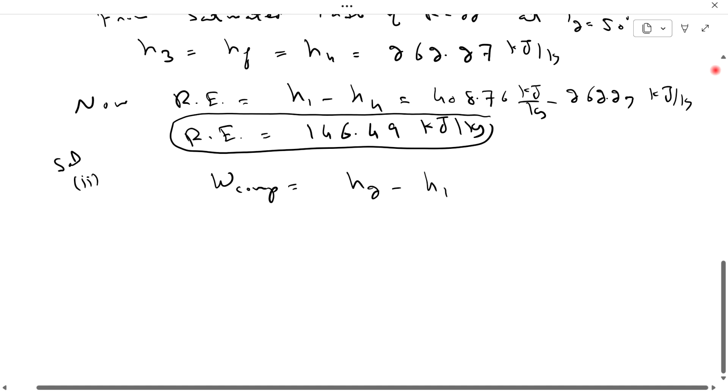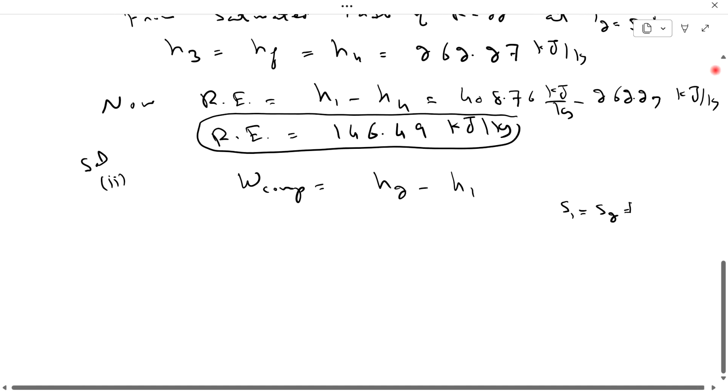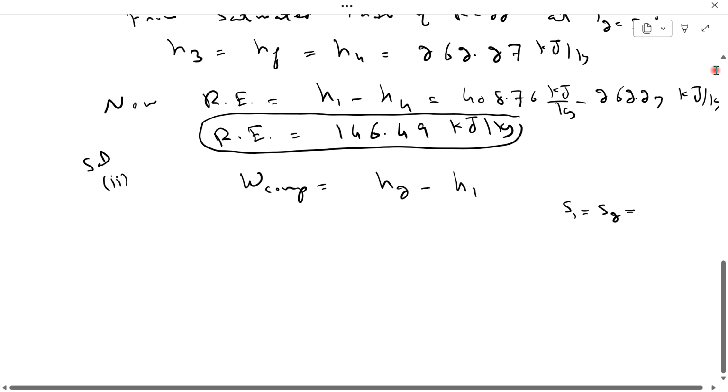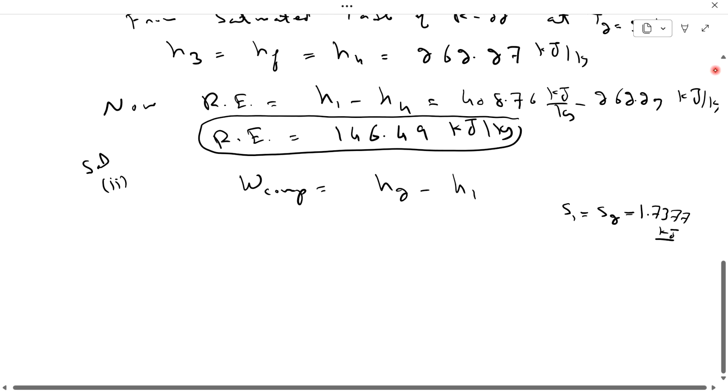And S1 is equal to S2. This is assumption number 3, since the compressor process is isentropic. So S1 is equal to S2, equal to 1.7377 kilojoule per kilogram per Kelvin.